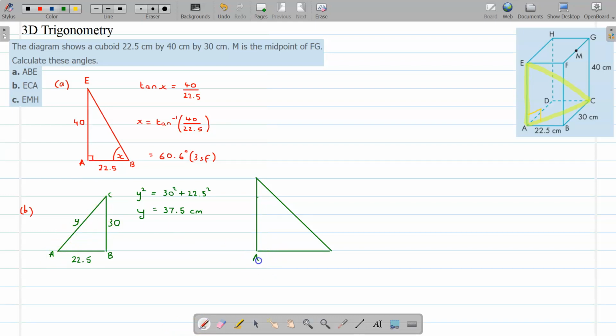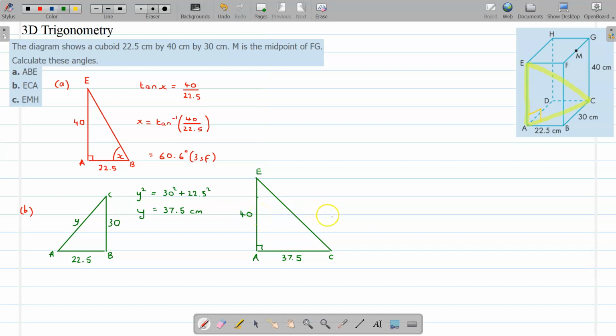This is the point A, this is the point C, and I now know that that is 37.5 from the previous calculation. I know my right angle is here, and I have my point E up here, and the height of the cuboid is still, of course, 40.